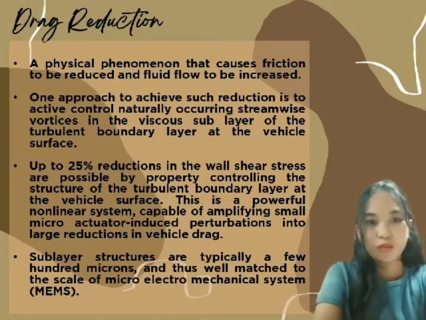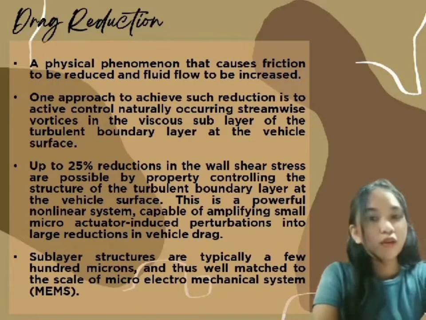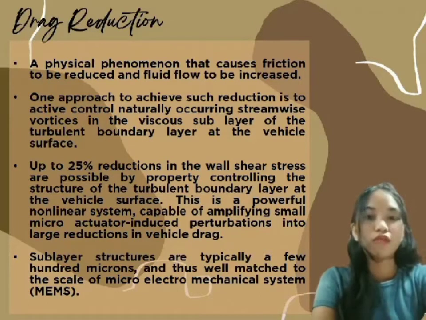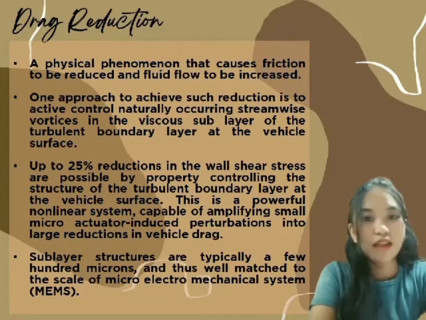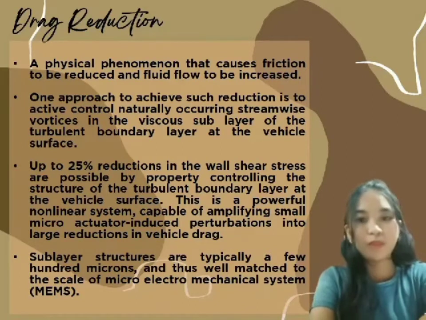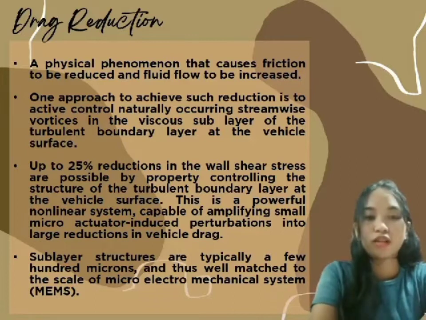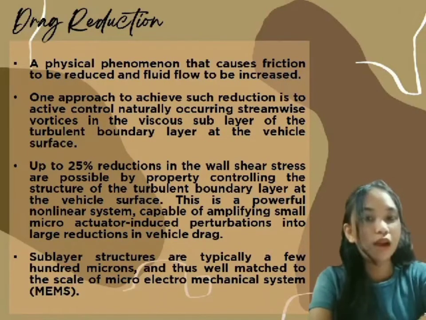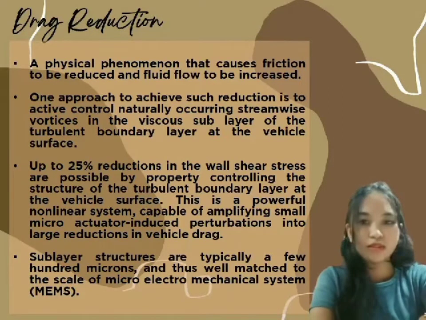The challenge has been to develop large, dense arrays of microactuators that can manipulate the structures to achieve drag reduction on particular aeronautical and hydronautical vehicles. And lastly, sublayer structures are typically a few hundred microns and thus well matched to the scale of microelectromechanical systems.